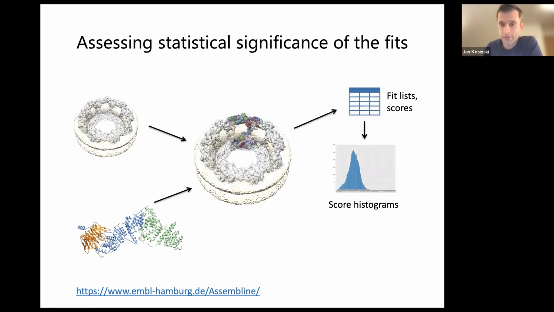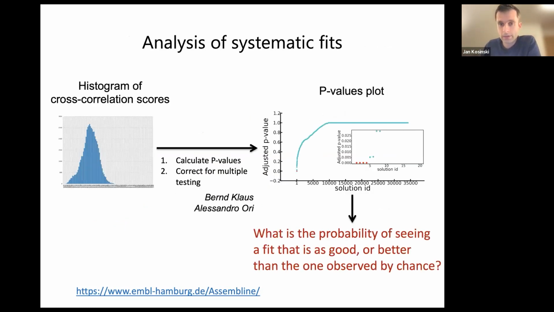We derive all the fits, so we take good and bad fits, the entire spectrum. From this distribution, we estimate p-values for each fit to quantify roughly the probability of seeing a fit as good or better than the one observed by chance for the given pair of structure and electron microscopy map.